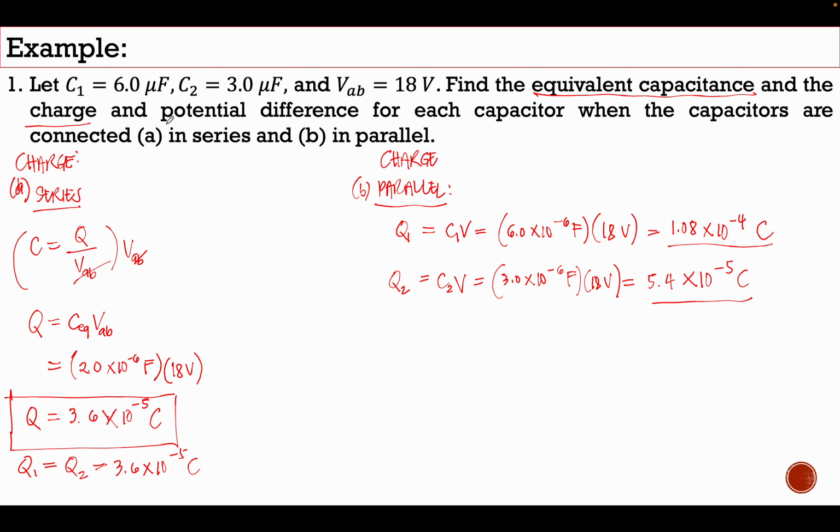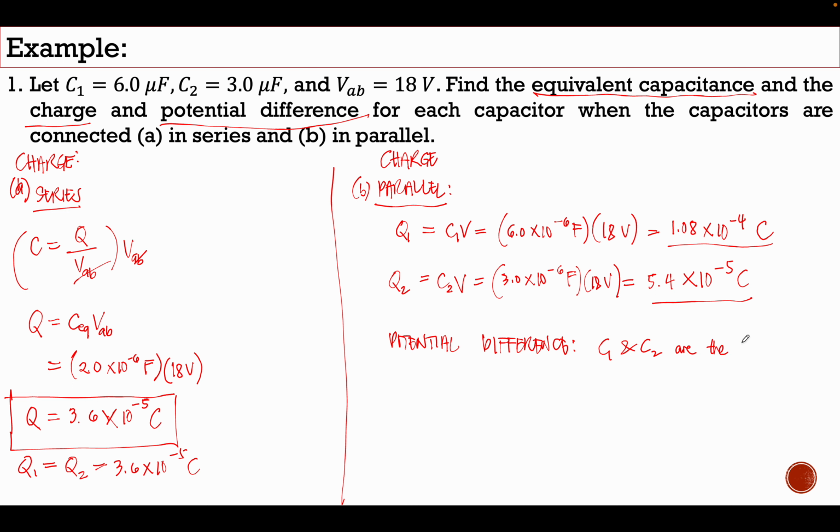So now we will proceed with the potential difference for each capacitor. Now take note that in parallel, the potential difference of these two capacitors is the same for C1 and C2.